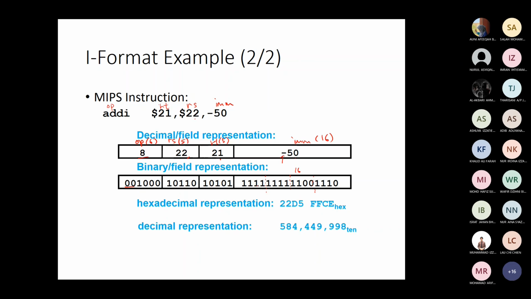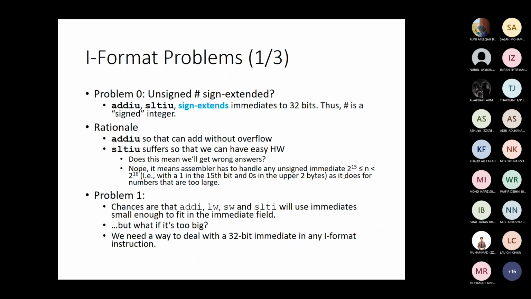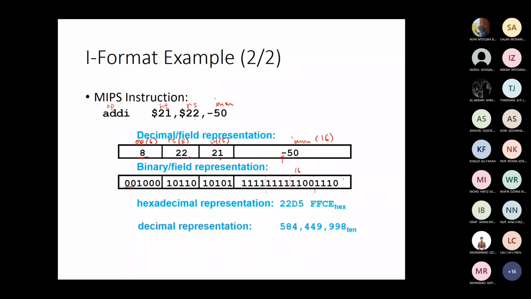Please separate the 4 bits so that it is easier to read and you do not make mistakes. Once you have decoded into binary, you can also represent it in hexadecimal. Right, so this is your answer.